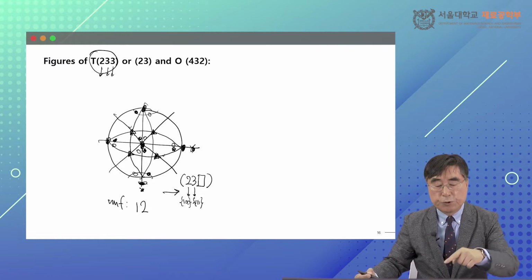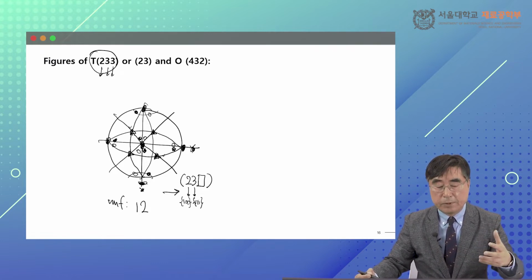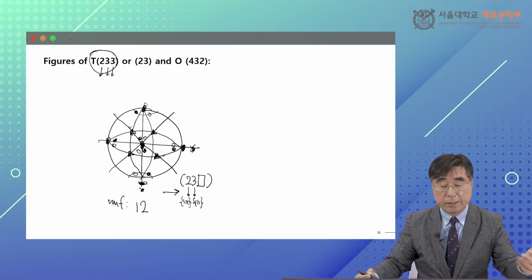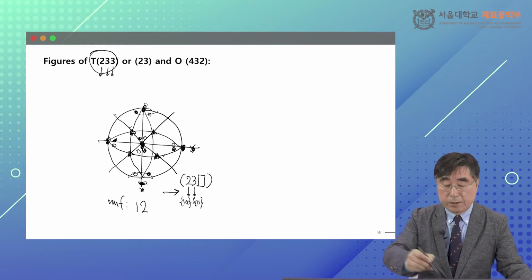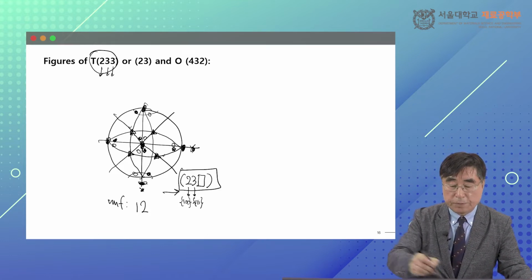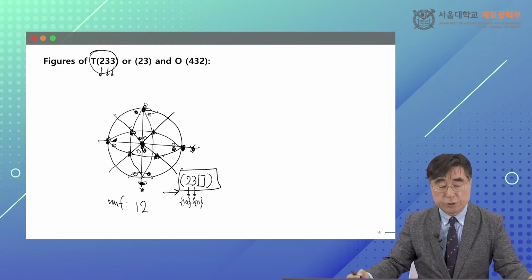So 2, 3 in the standard symbol means that in the cubic symmetry, the first digit means that all the 100 type axes have twofold, x-axis, y-axis, z-axis in here, and all the 111 axes have threefold. So this is the notation that people use in international symbols.